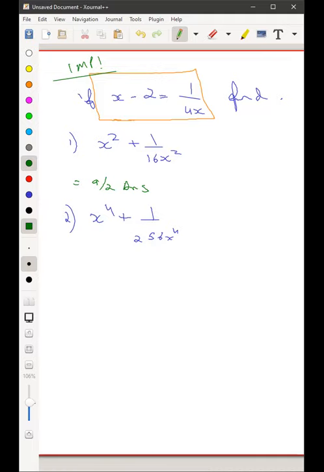Rest of you hurry up. Same sequence of steps. We can get this from something related to this. Last 2 minutes, everyone.